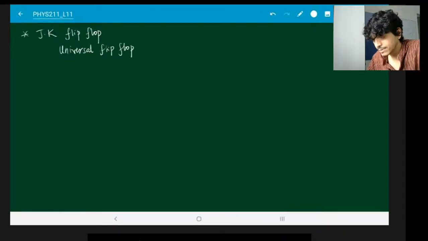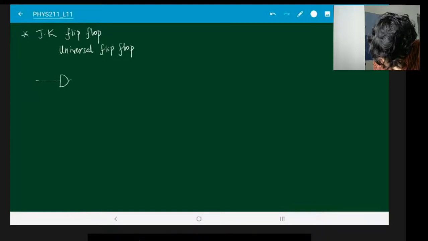Once again, there can be various ways of writing down the JK flip-flop, and depending on how you construct it, there might be slight variations in the logic. I'm sticking to what Eggleston has done. So in the JK flip-flop, similar to the clocked RS flip-flop that we had, here is your NAND gate.